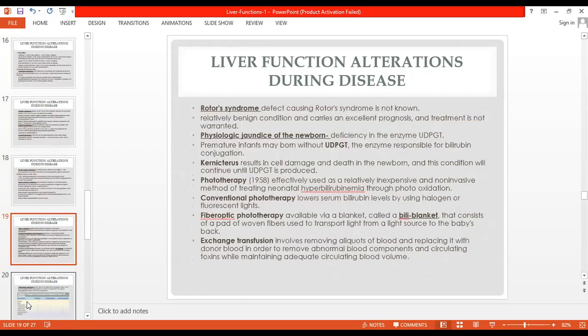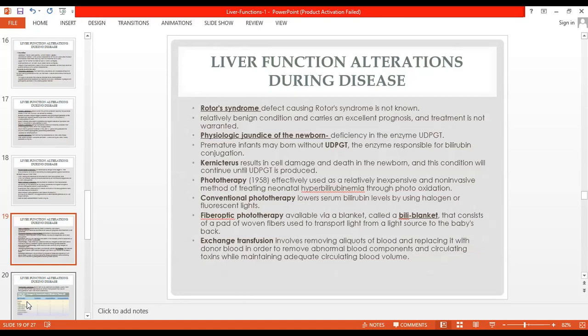Moving on to Rotor syndrome. Rotor syndrome is clinically similar to Dubin-Johnson syndrome, but the defect causing Rotor syndrome is unknown. It is hypothesized to be due to a reduction in the concentration or activity of intracellular binding proteins such as ligandin.